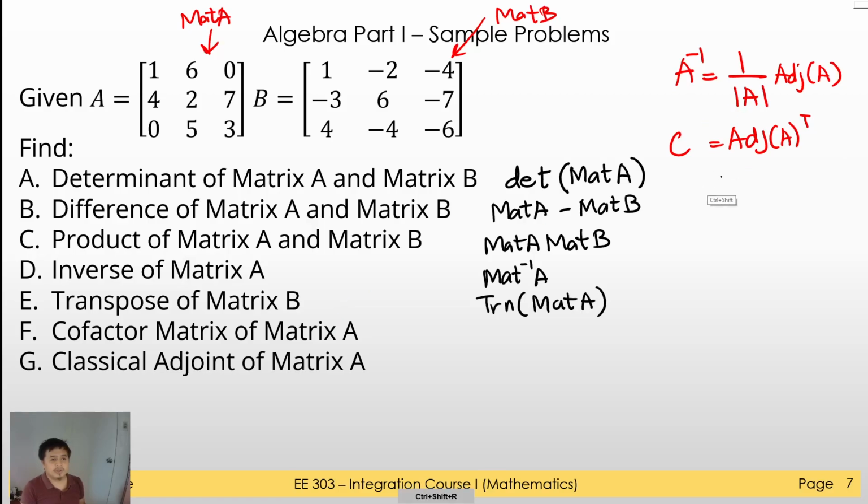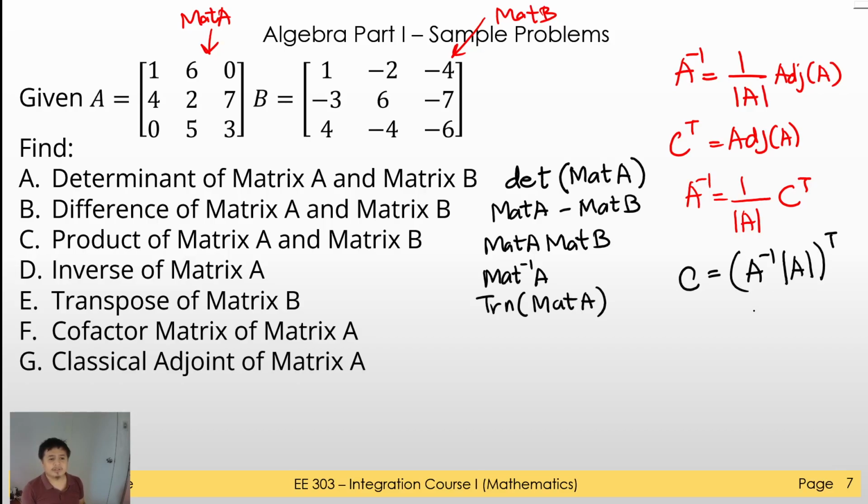Since the adjoint is the transpose, by the properties of matrices we can also transpose the cofactor C. To solve for C, this will be equal to A inverse times the determinant of A, and then the transpose of this.